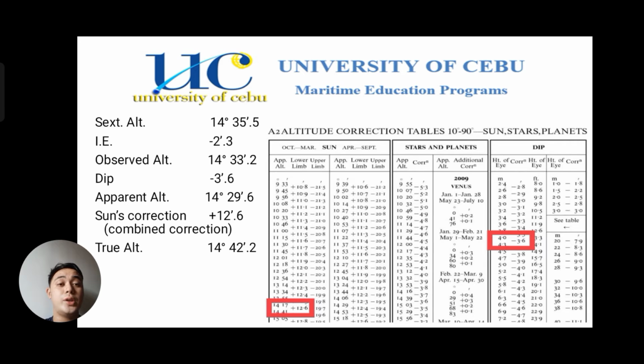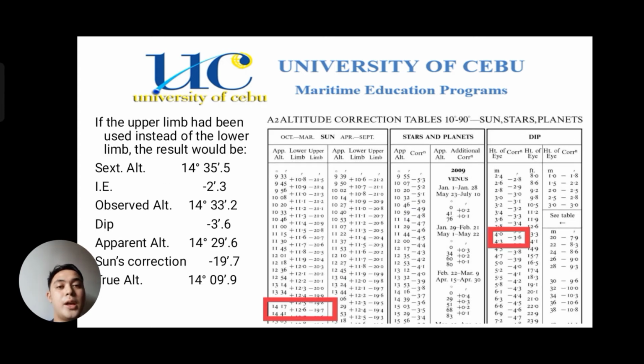Then our sun's correction is positive 12 minutes point 6. Combining the corrections, our true altitude is 14 degrees 42 minutes point 2. We have this here in the table.